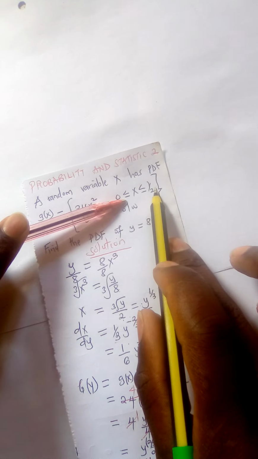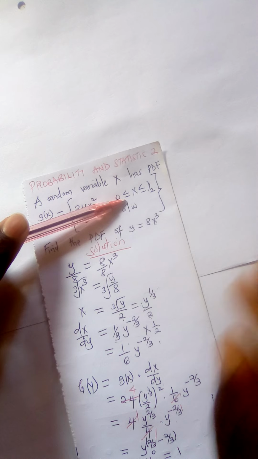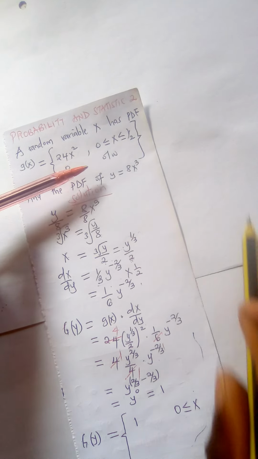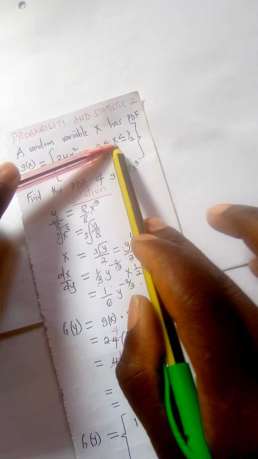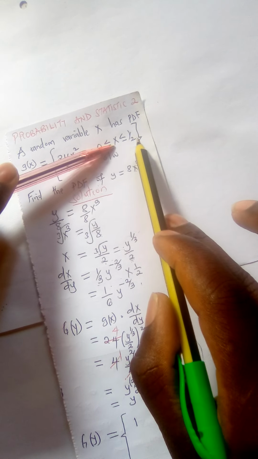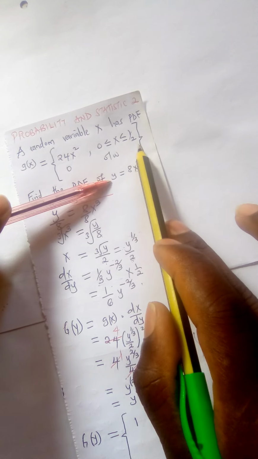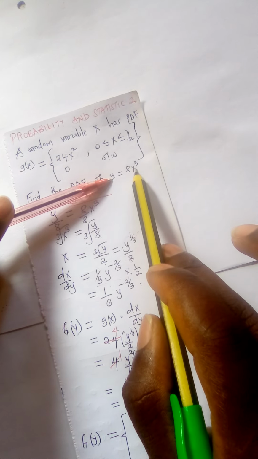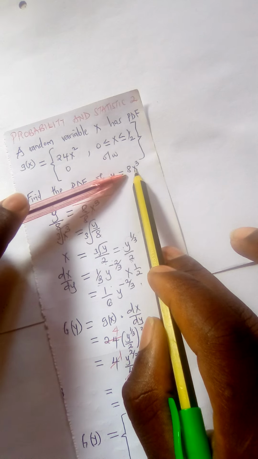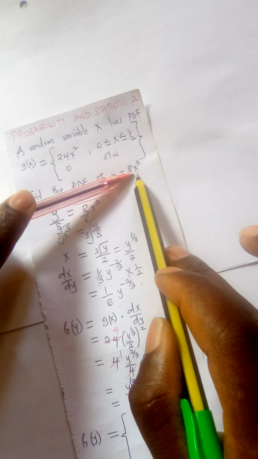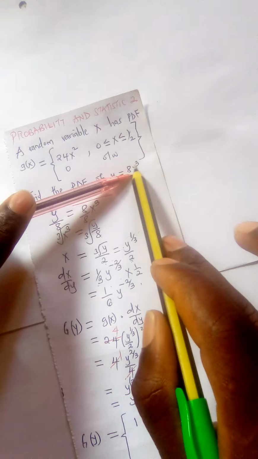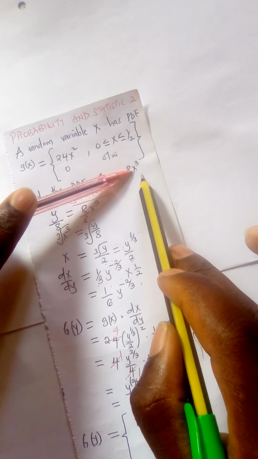Then you come to the second part here. Remember the second part here now is that x is less or equal to a half. So to solve the value of y there, you just take x as half. So when you substitute x with the half, that means you will just have a half raised to 3, and a half raised to 3 is 1 over 8.